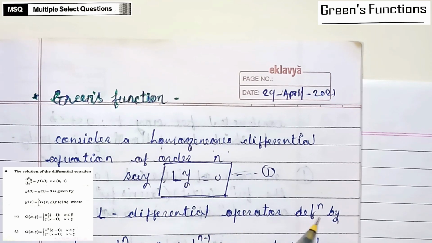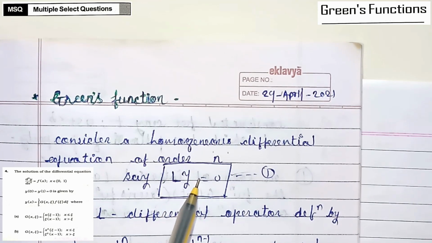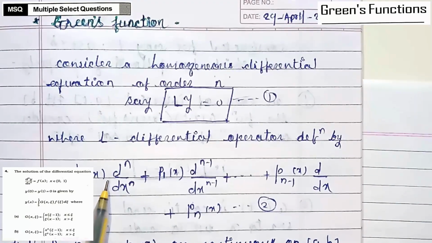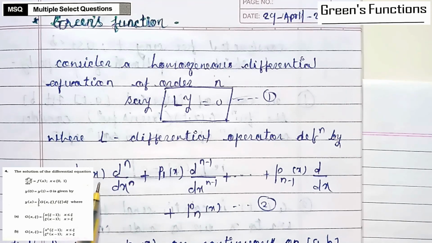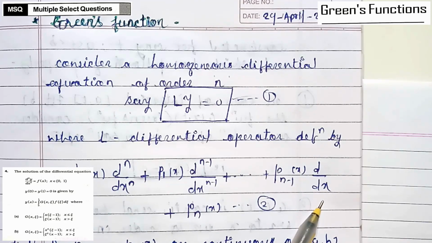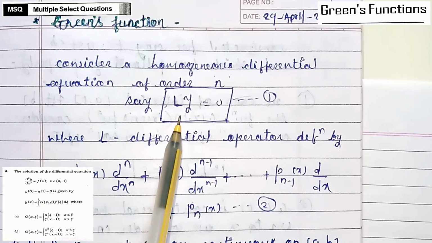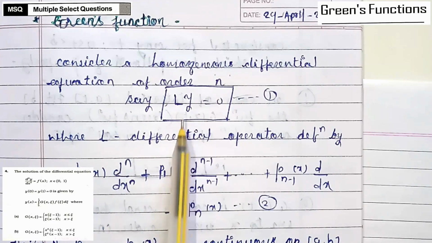L is a differential operator with respect to y of order n, defined as L = p0(x) d^n/dx^n + p1(x) d^(n-1)/dx^(n-1) + ... up to the differentiation d/dx + pn(x). So when Ly = 0, we call it a homogeneous differential equation of order n.